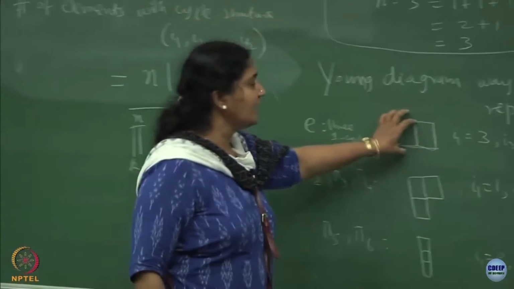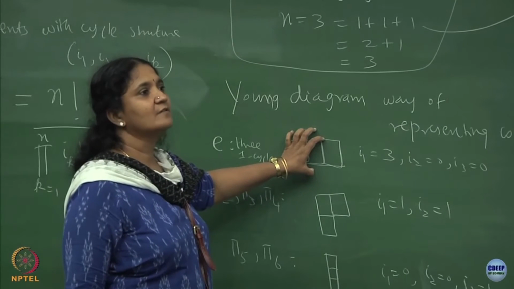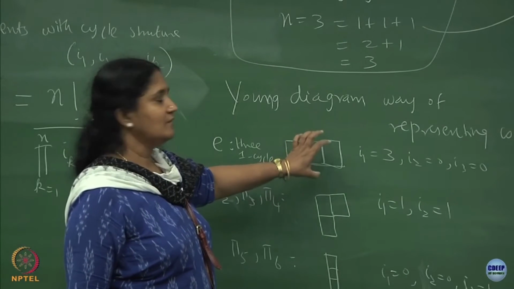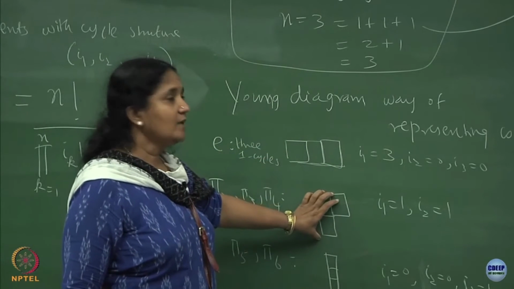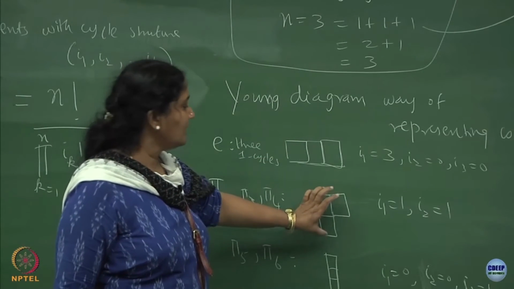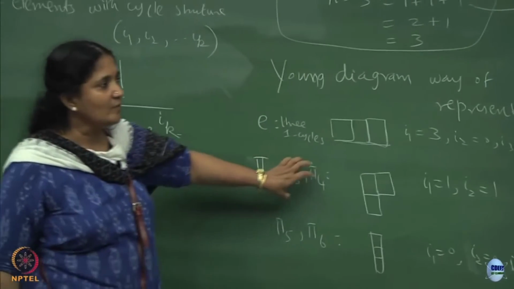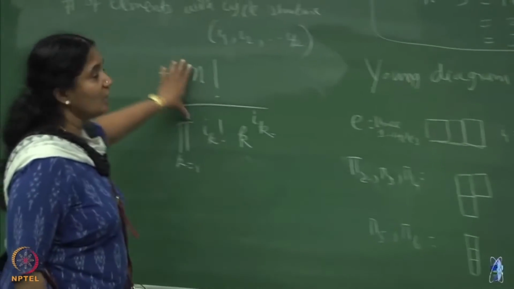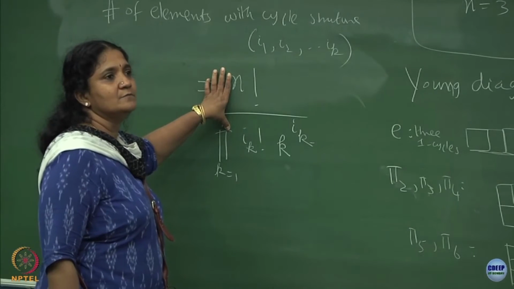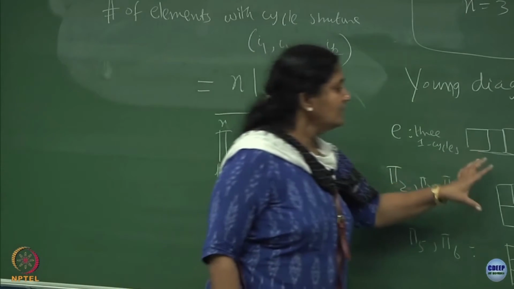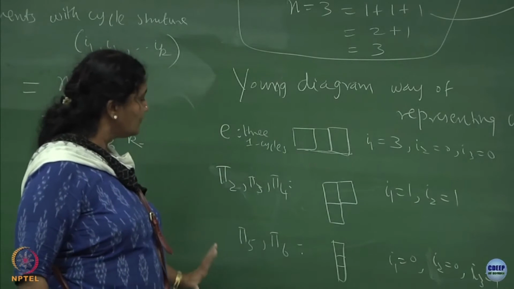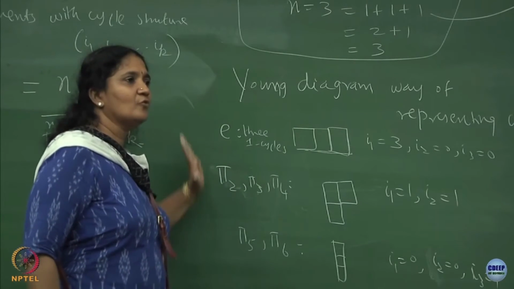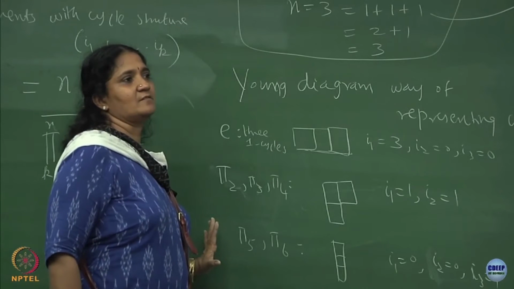So, each diagram is a conjugacy class. This conjugacy class has only one element. This diagram is another conjugacy class, but it has 3 elements. To determine the 3 elements, you are going to use this formula. And the way you are partitioning the integer tells you that there are only 3 possible conjugacy classes.